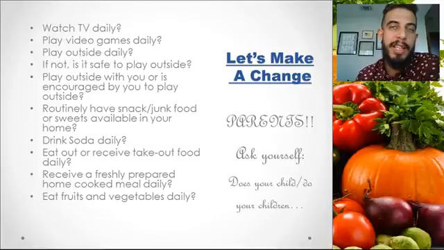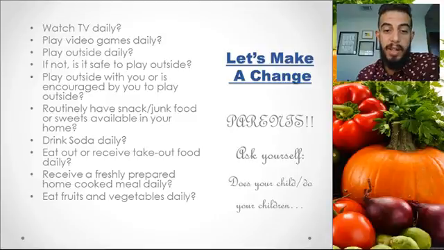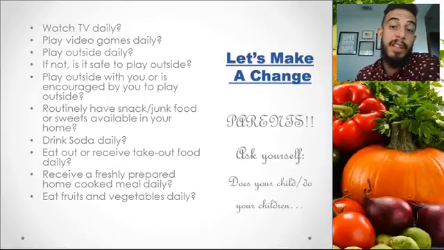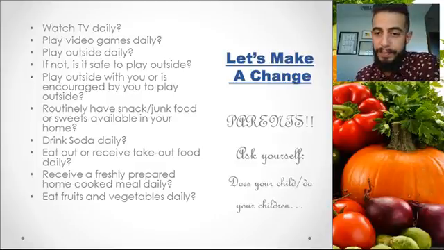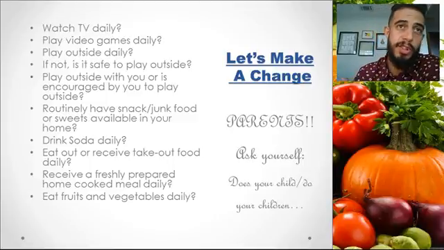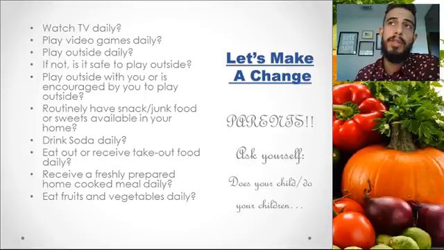Are they drinking soda on a daily basis? Are they receiving freshly prepared home cooked meals daily? Do they eat fruits? Do they eat their vegetables? If a lot of your answers to these questions are no, then you need to reevaluate what you're introducing to your child when it comes to food.